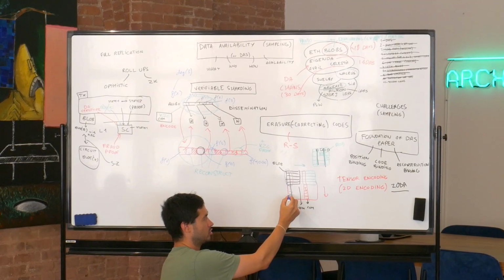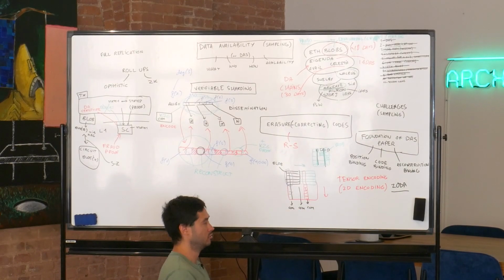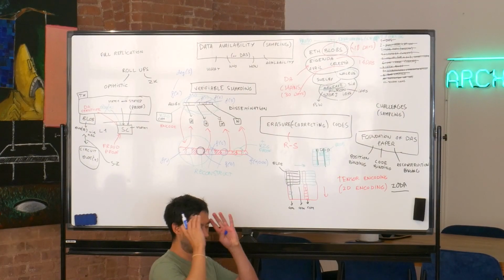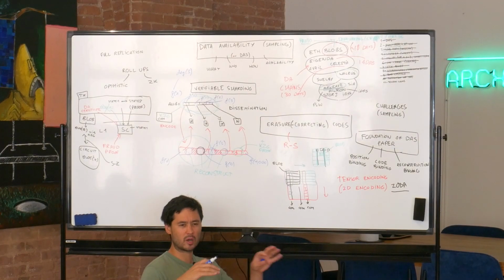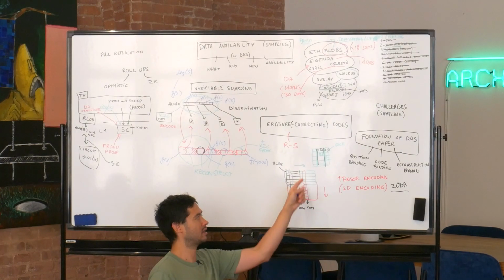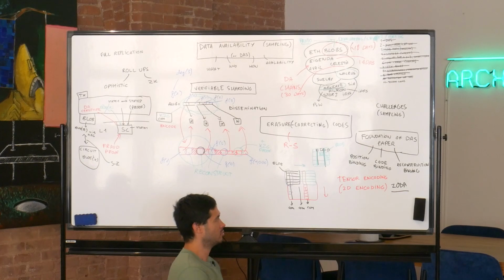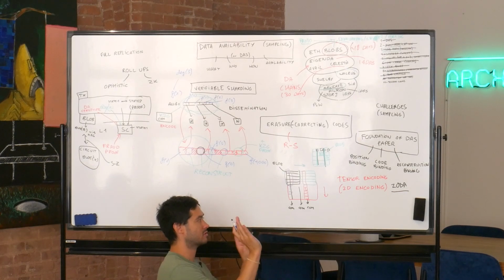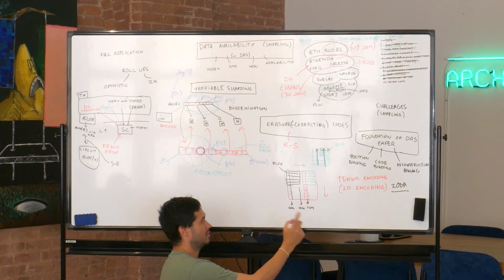So when you open a position here, you know it's going to be correct. You know your whole column is going to be correct. In this context, you can think of someone sampling or receiving a shard of the data, and what you're getting is a column, or maybe a cell in the column. You want to see if it's correct. You know it's correct because of KZG.